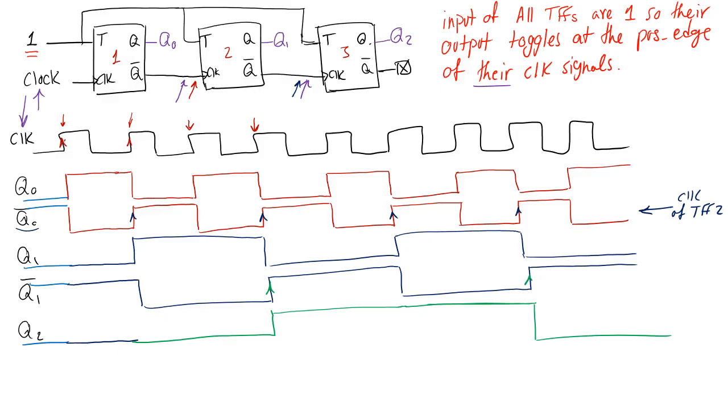Okay, now that I have all of my waveforms, let's say that somebody is interested to know what is the value of Q2, Q1, and Q0. Like if I have a 3-bit number Q, which is equal to Q2, Q1, Q0, what would that number be over this time? Well, let's start with the beginning. At the beginning, I have a 0 for Q0, 0 for Q1, and 0 for Q2.